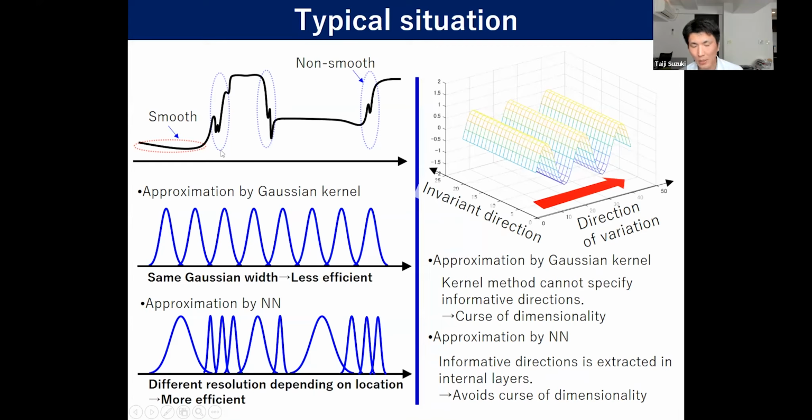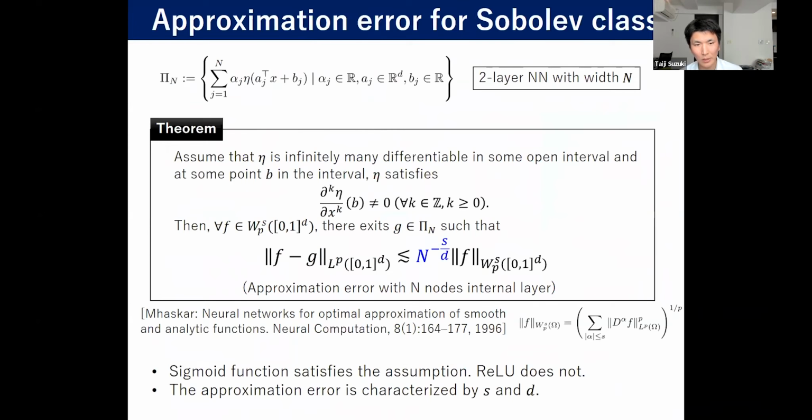This kind of function is difficult to estimate because the true function has some bump shape around here. The smoother function is easier to estimate. Actually, we have observed that if S is large, the rate of convergence of the approximation error is fast. That means if the true function is smoother, then we get a better approximation error.